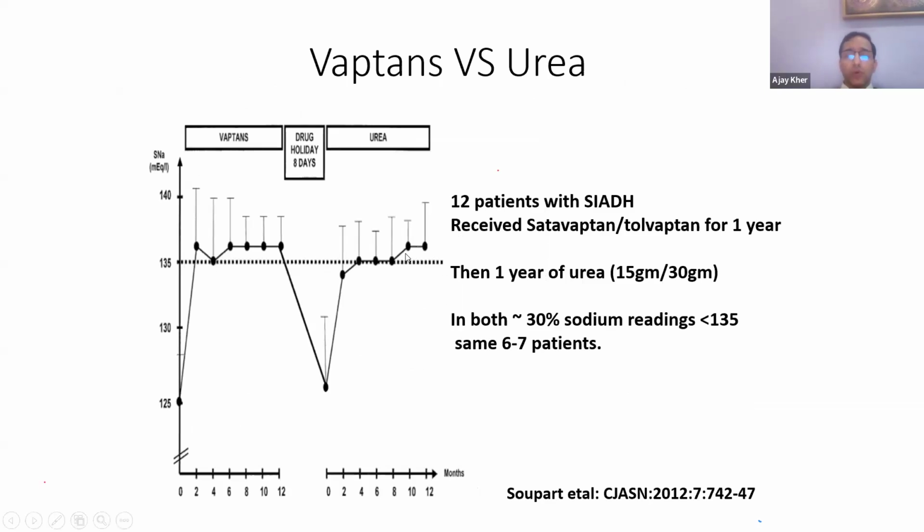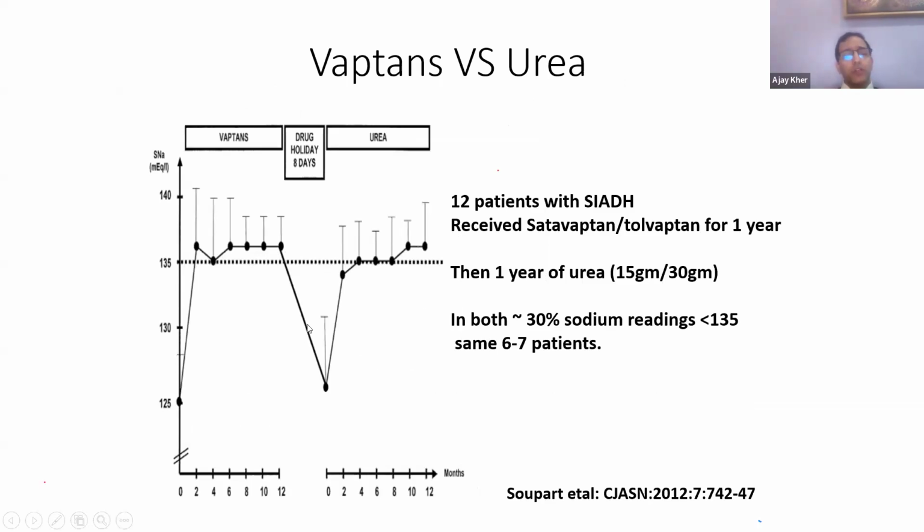Tolvaptan versus urea. Urea tablets are available in France, and so this was a study done by Supat there. People who were on tolvaptan in a study, and then the study had stopped, were going to get withdrawn from the study, and tolvaptan wasn't going to be available for them. So all of them had normal sodiums while on the tolvaptan.